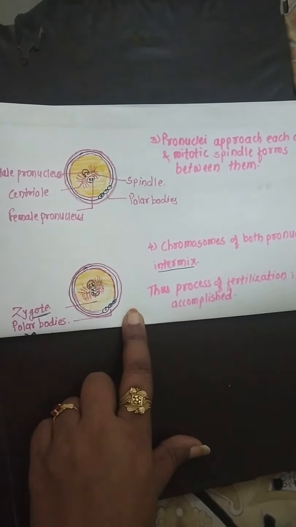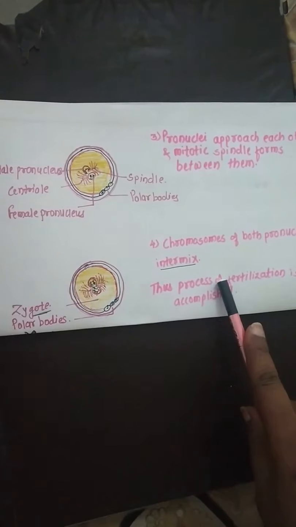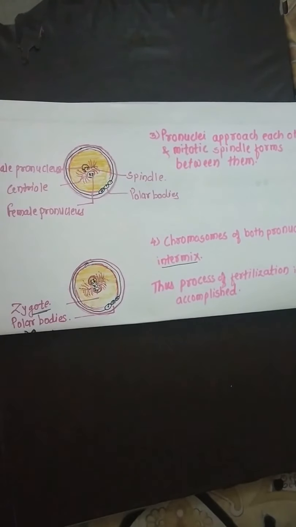Thus the zygote is formed as the synkaryon by the process known as syngamy, or also known as karyogamy, and thus the process of fertilization is accomplished. That means completed by the fusion of male and female gamete.